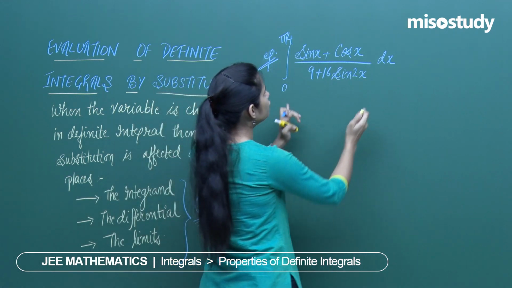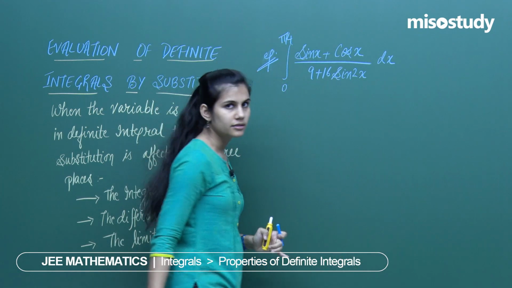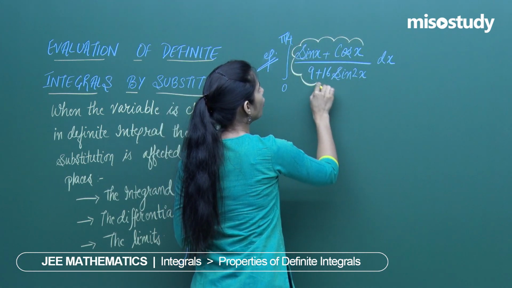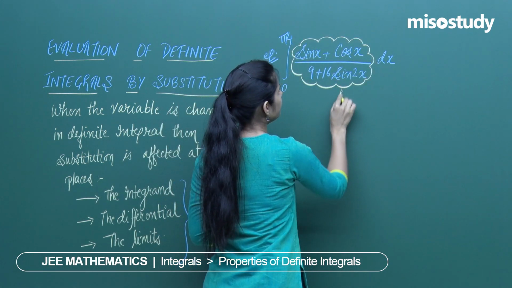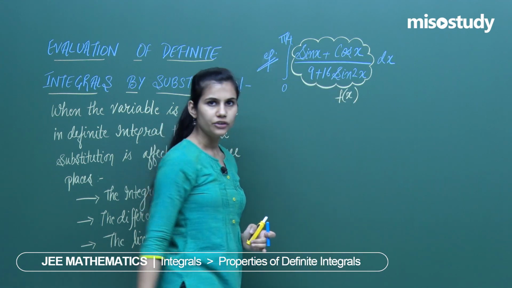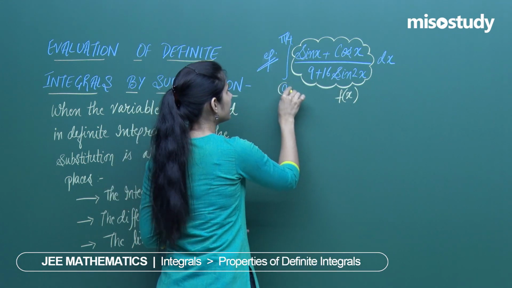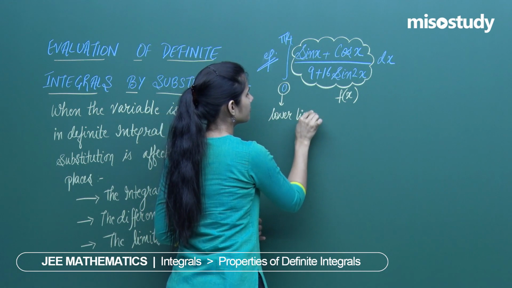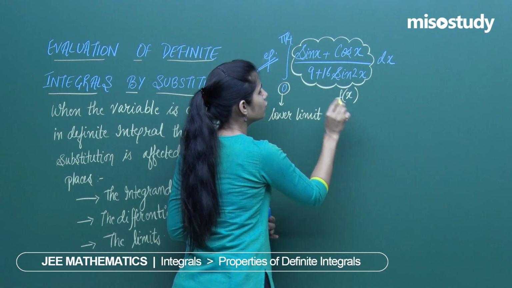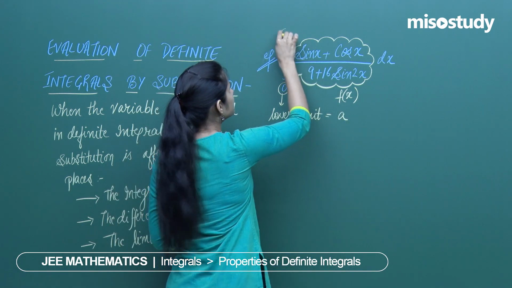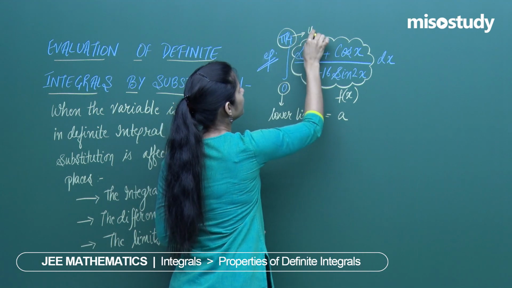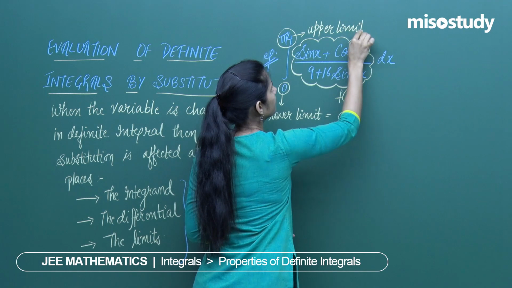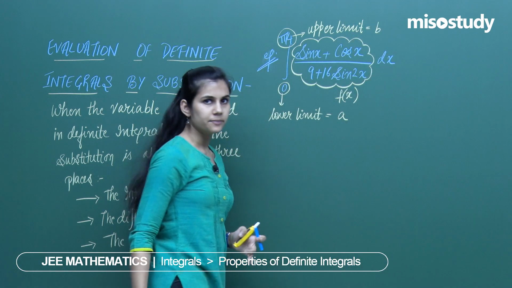Over here, if you just consider the integrand, it is playing the role of f(x). This is my lower limit, which I denote by small a, and this is my upper limit, which I denote by small b.